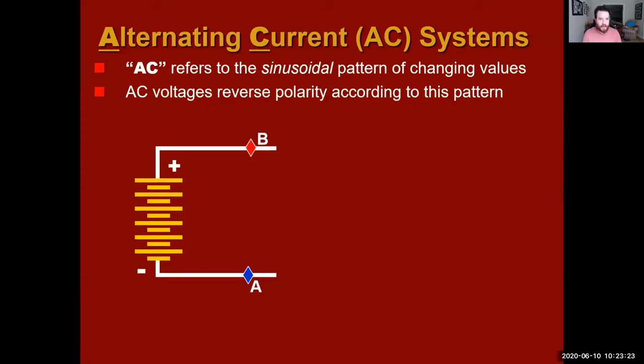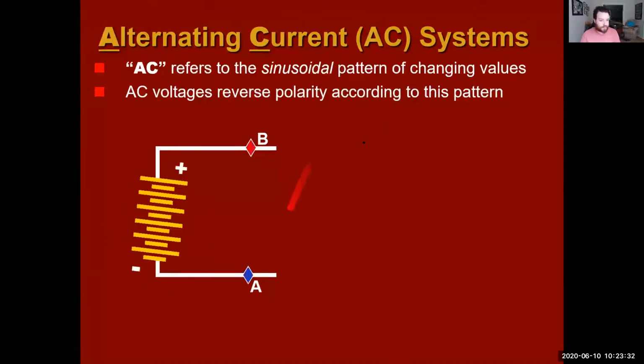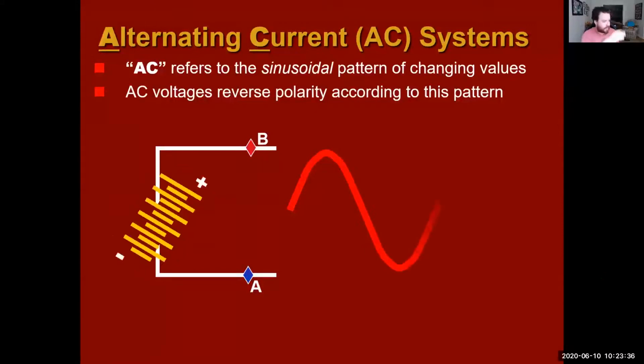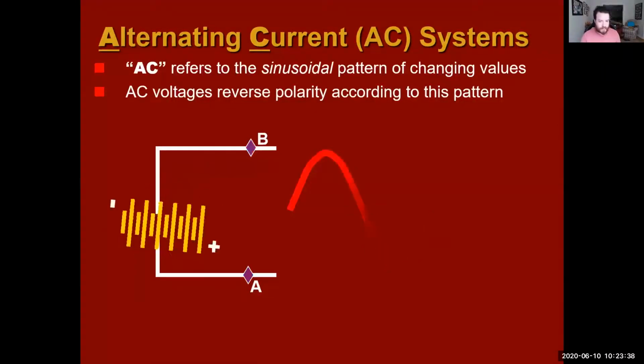All right. So AC refers to a sinusoidal pattern of changing values. AC voltage reverses polarity according to this pattern. All right, so the AC is just basically going up and down on a sine wave.